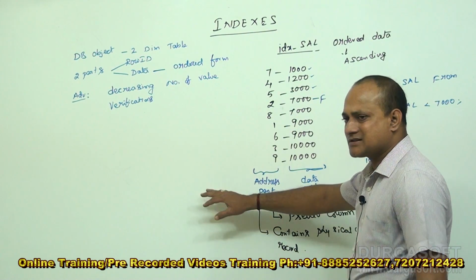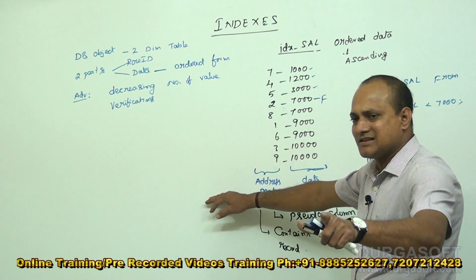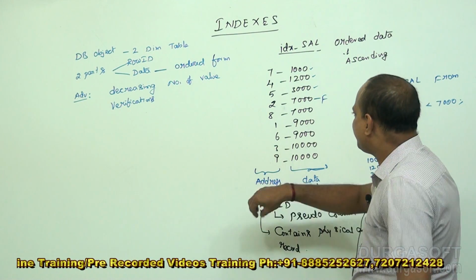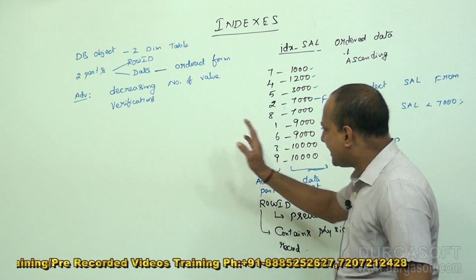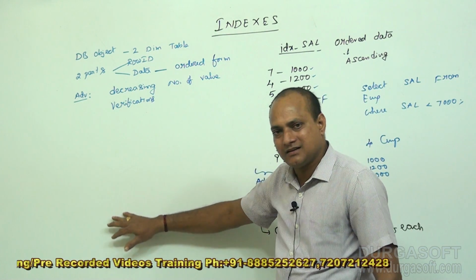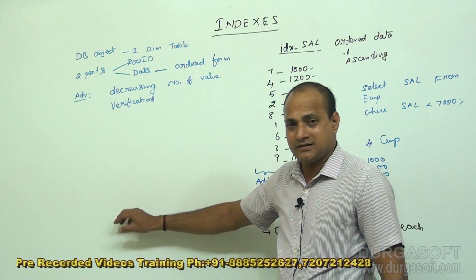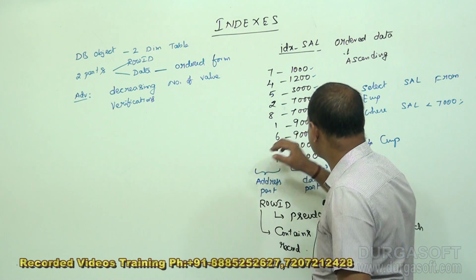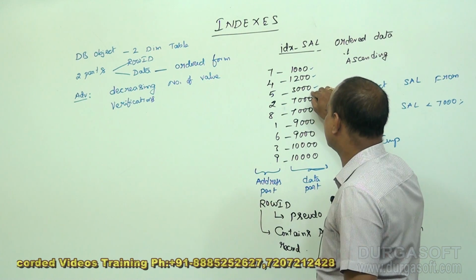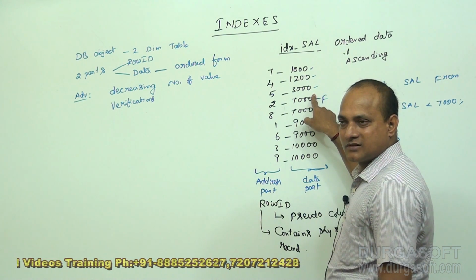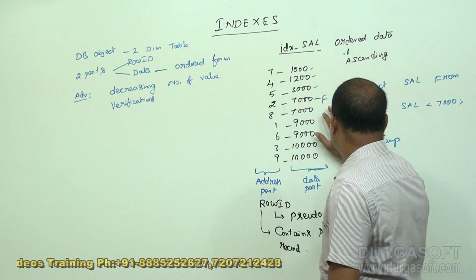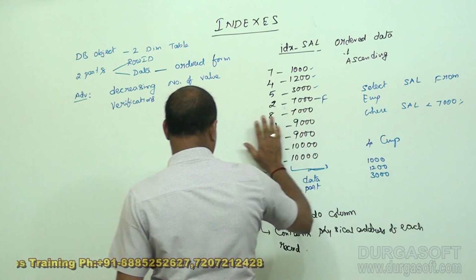Let us assume after some time one record is inserted with salary 5,000. In the table, 5,000 will be inserted randomly. But in the index, 5,000 should be maintained above 7,000 and below 3,000. Remember that.